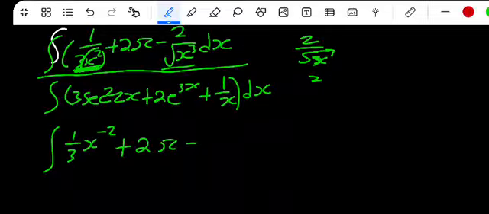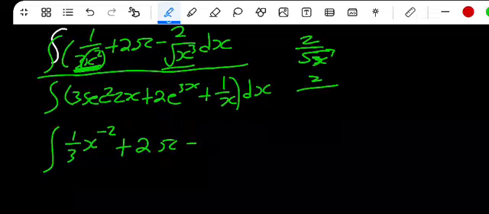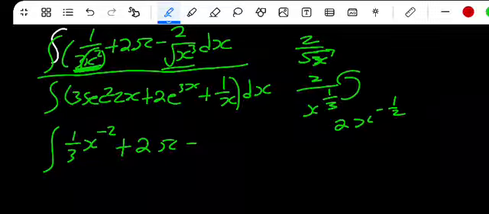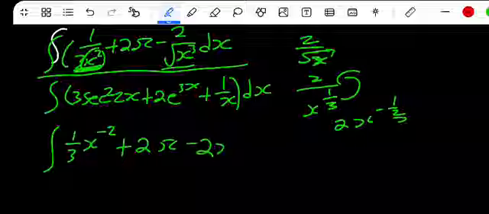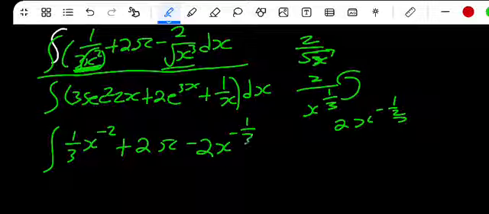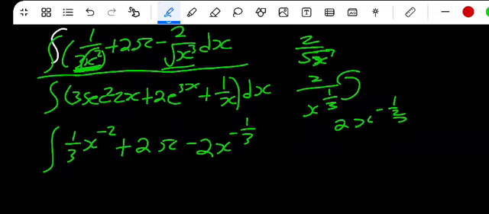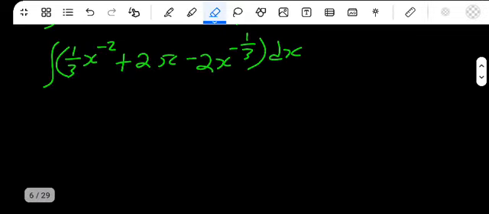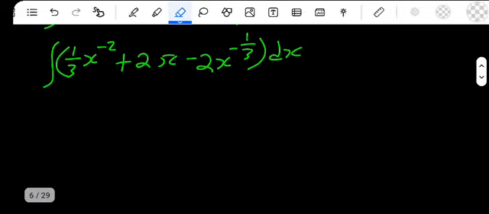This is the same as 2 over x to the power of 1 over 3, you take this to the top, you'll have 2x to the minus 1 over 3. That is what we'll have there. All these have dx. So we can integrate this now, simply integrate that.